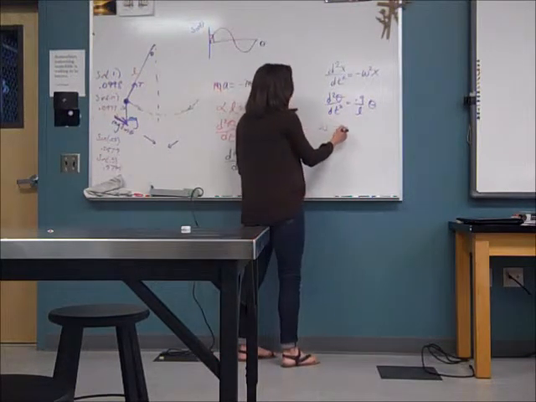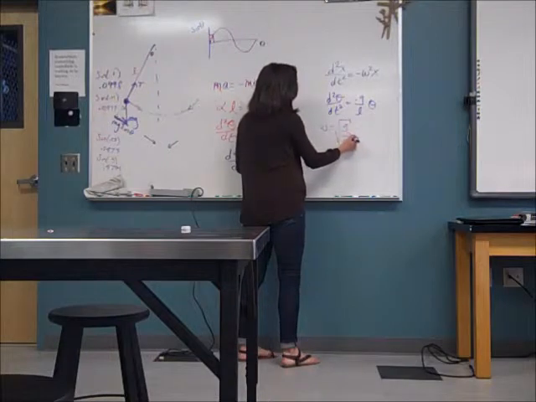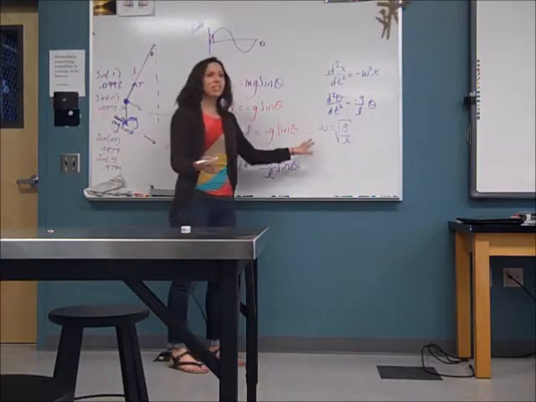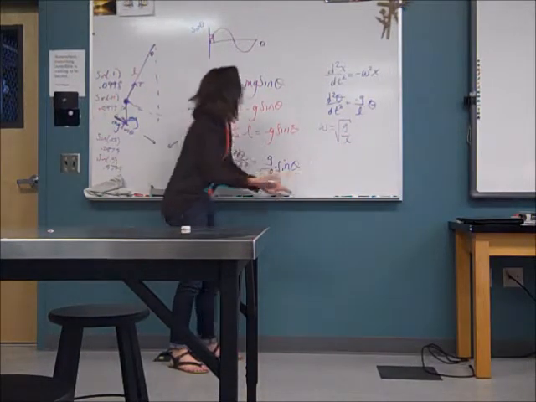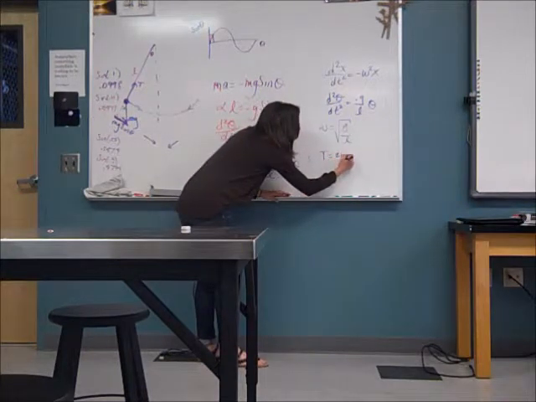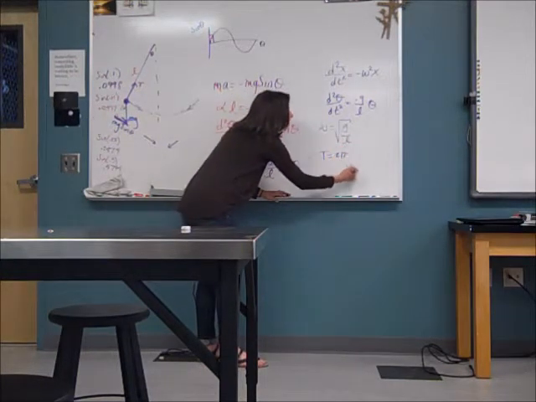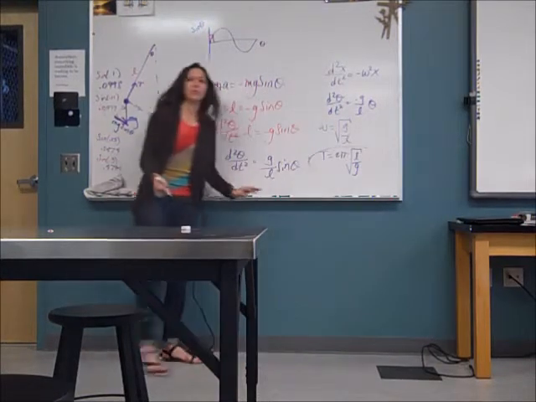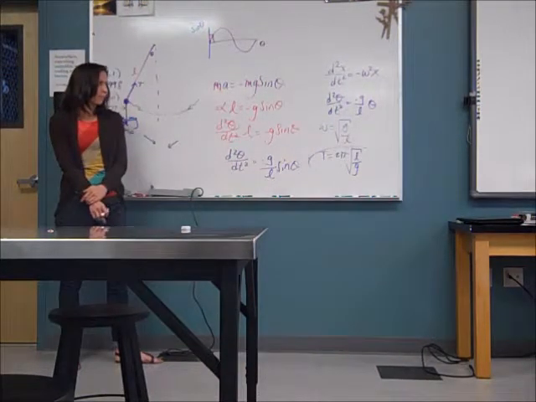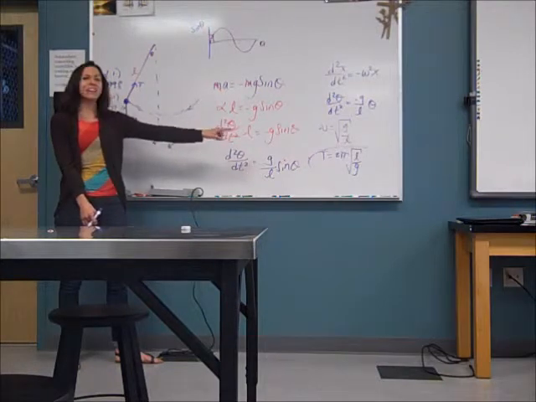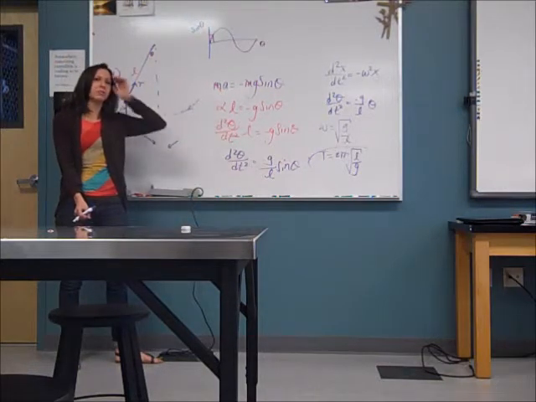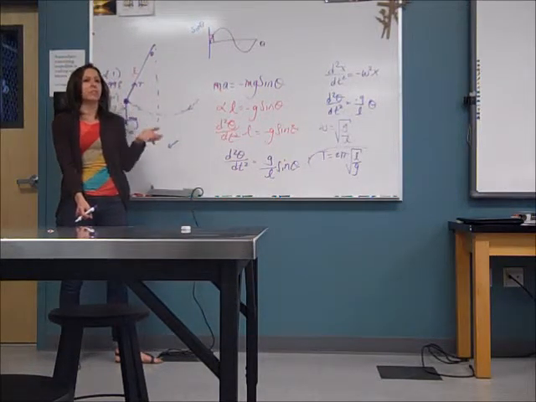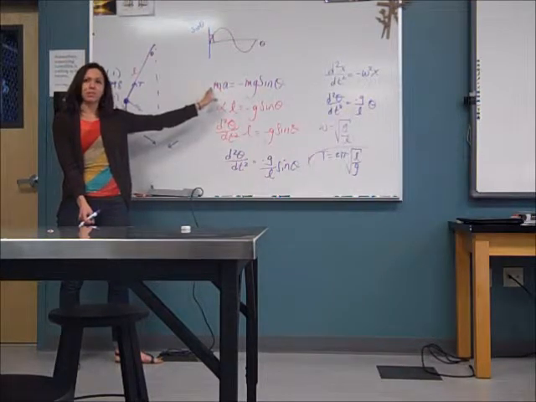And if you remember, omega is related to period. Period is 2 pi over omega. So period is 2 pi times the reciprocal of this, square root of L over g, which is what you found when you looked it up for your lab. All of that isn't just a made up thing. Like, let's just pick an equation for the period of a pendulum, it comes from this, summing the forces.